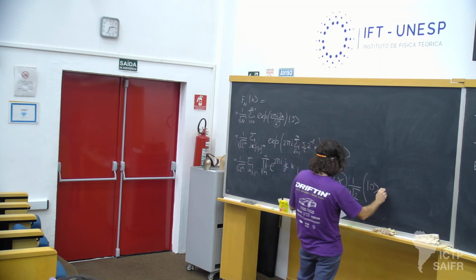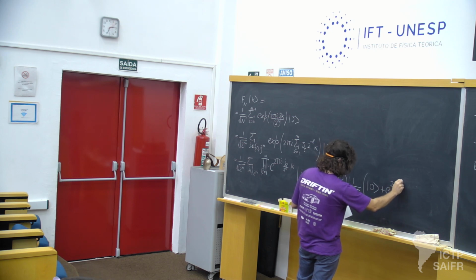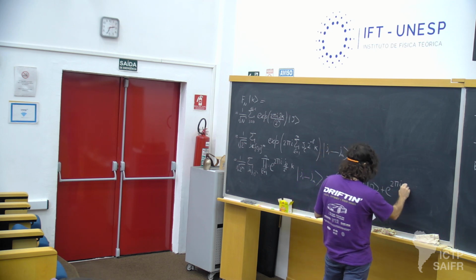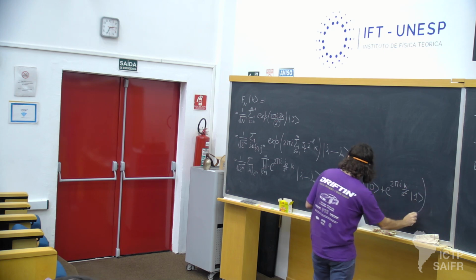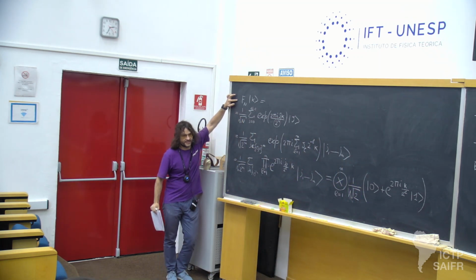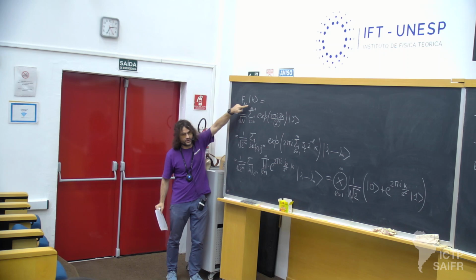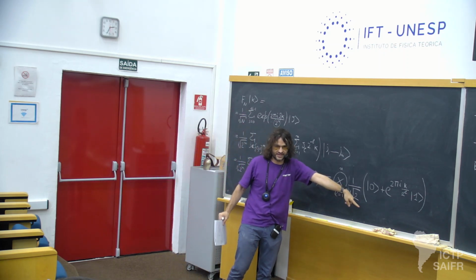Zero plus e to the 2 pi i k divided by 2 to the L acting on 1. So we started with the Fourier transform acting on a product state, and we end up on another product state.